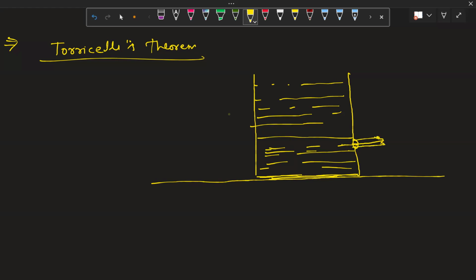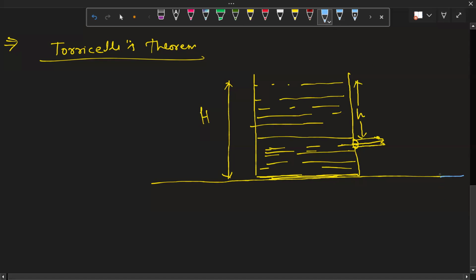If I say the total height of the tank is capital H, and the height of this orifice is h. The density of the liquid is rho.